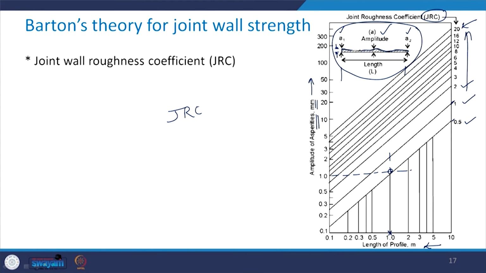Roughly, in this case maybe it comes out to be 0.52 or so. This is how you can determine the value of JRC. Once you know JCS and JRC, substitute them in the expression for the shear strength and you will be able to obtain the joint wall strength as per Barton's theory.